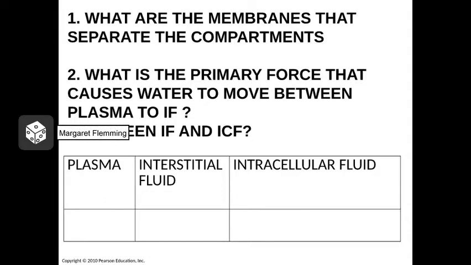So let's look at a couple of scenarios here. There are going to be changes in fluid shifts when there are changes in different things. So if you have a change in extracellular fluid volume, if we have an increase in plasma, you would see a shift of fluid into the interstitial fluid, which means there would be an increase there.